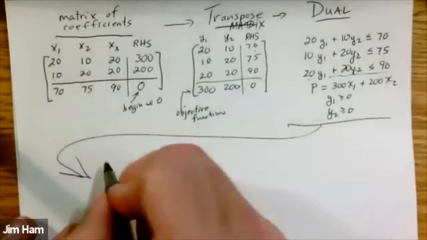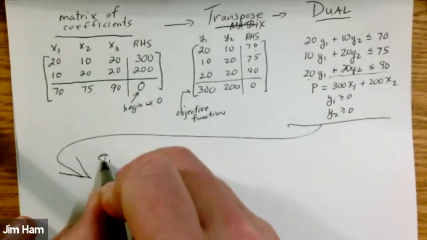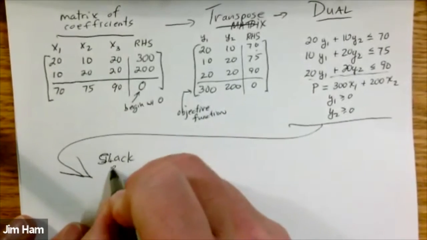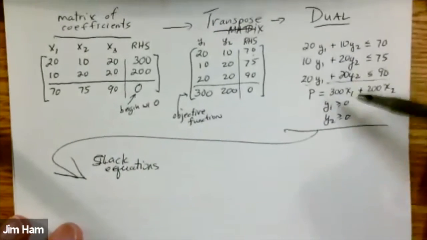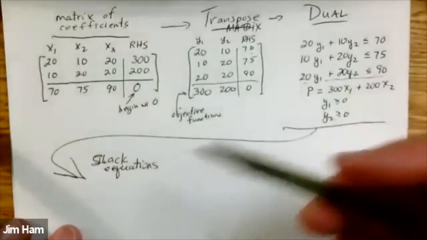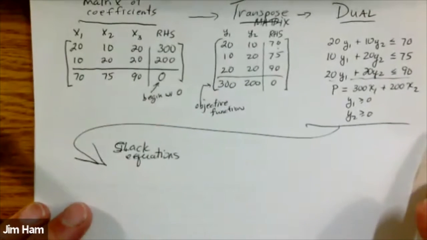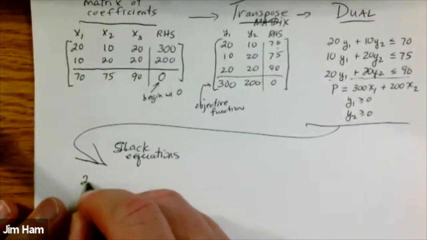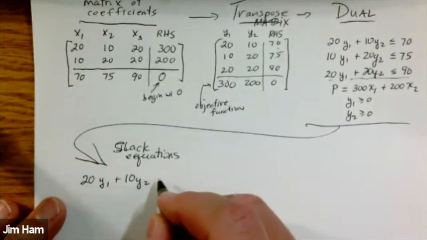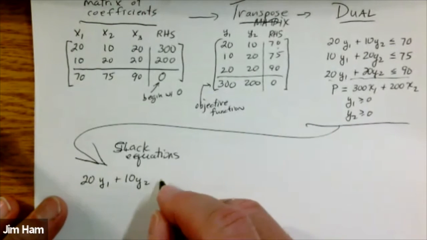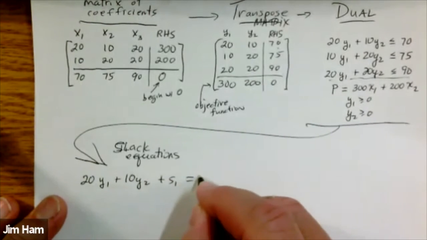All right, so now I guess I'll do the slack equations first. Remember, this is what we would call the I system, and we want to convert it to an E system. So we have 20y1 plus 10y2 is less than or equal to 70. If we add a slack variable, we get something equal to 70.